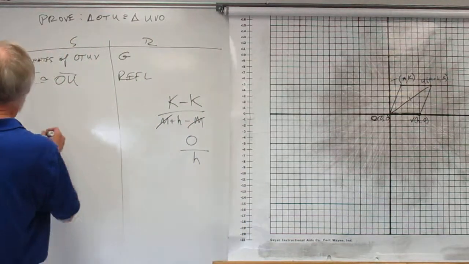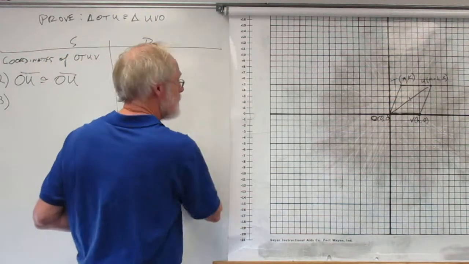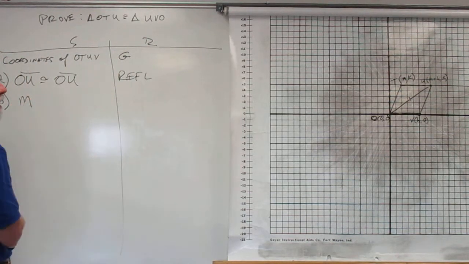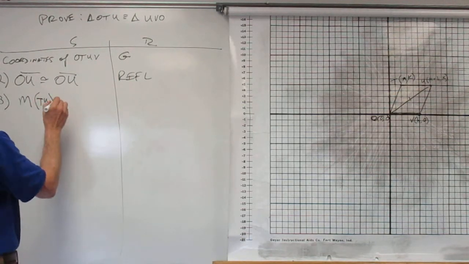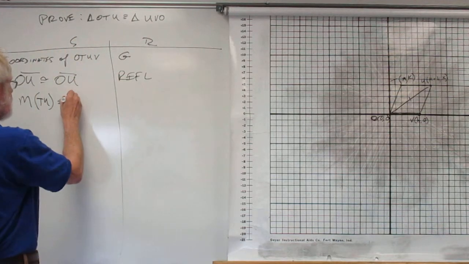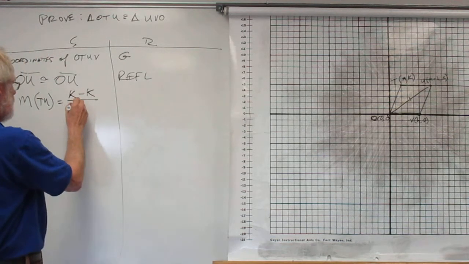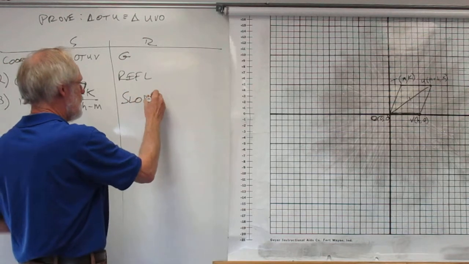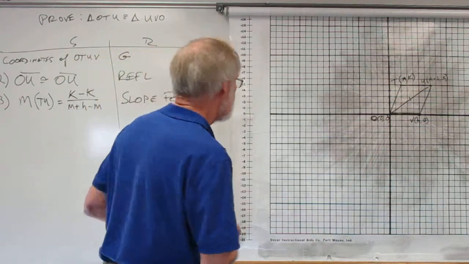So over here I'm going to use the slope formula, and I'm going to say that slope m of TU is equal to k minus k over m plus h minus m. And we're going to use as our reason slope formula. We have that well established. We can use that as a reason.